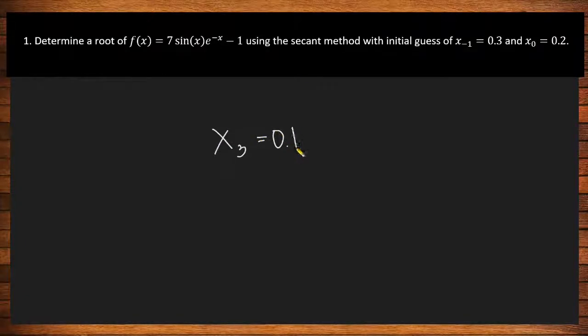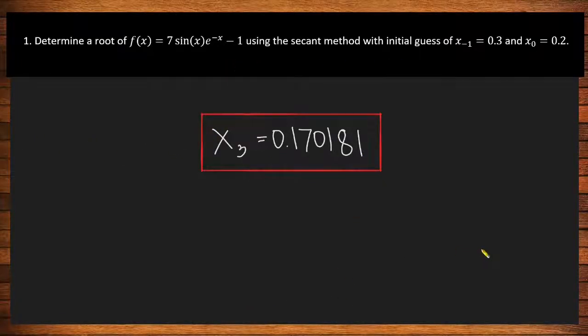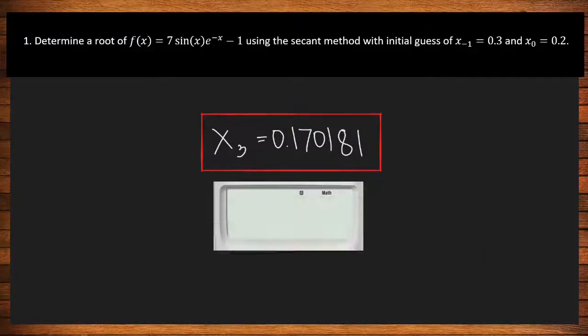Ibig sabihin, itong nakuha natin na estimated value for our root is very close to our true solution. Comparing this to the value that we can obtain from our scientific calculator, as you can see, these two values are very close to each other, no? So, almost equal na yung dalawang values ng x na nakuha natin.